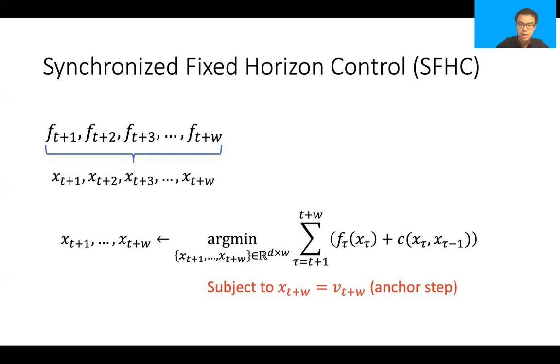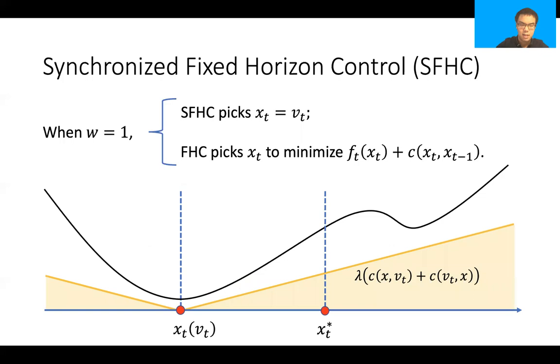To see why this anchor step is important, we can think about the simplest case when the prediction window is of size 1. In this case, SFHC simply picks x_t equal to v_t, which is the global minimizer of the hitting cost function f_t. Although simple, we can show that this provides a constant competitive ratio under the two general conditions we give.